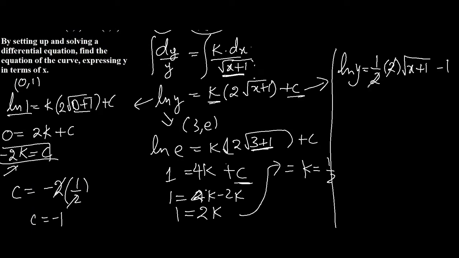So the 2 and this cancel out, so we're left with ln y equal to the square root of x plus 1, minus 1. y equal to e to the power square root x plus 1 minus 1.